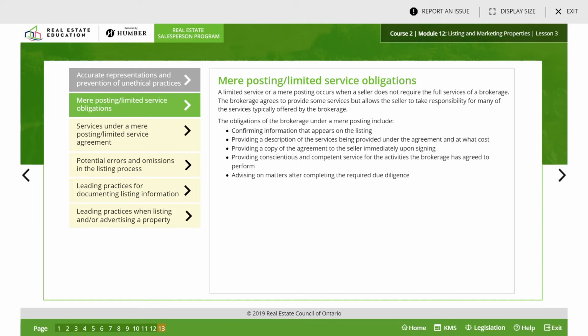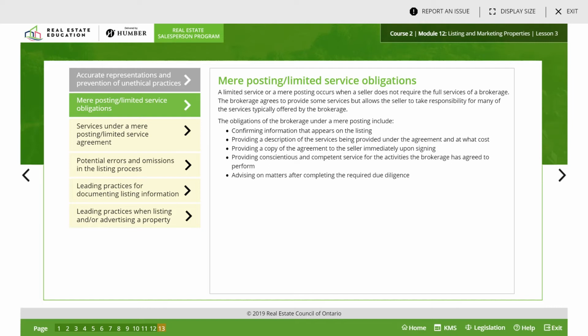The brokerage agrees to provide some services but allows the seller to take responsibility for many of the services typically offered by the brokerage.